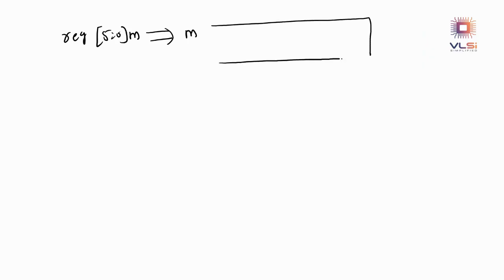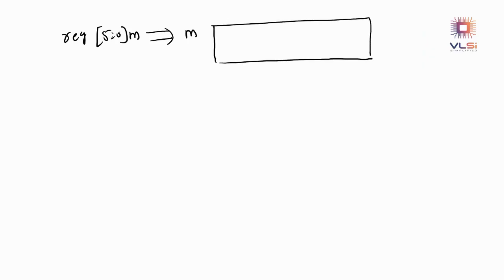Okay, suppose you consider reg [5:0] m. So m is a variable. How many bits is it? 5 down to 0 means 0 is included, so this is 6 bits.